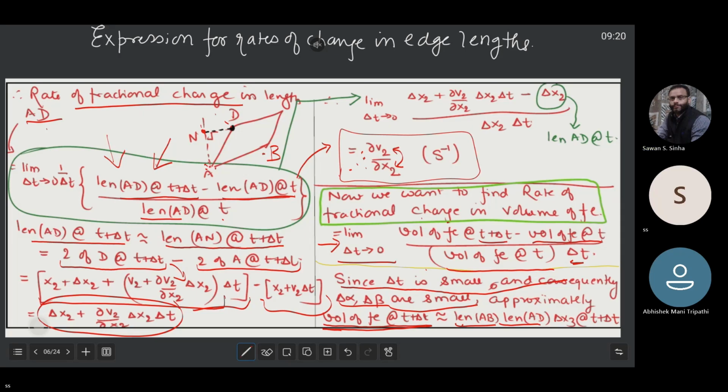Okay. So the length of AB at time t plus delta t is required. I am going to make one more approximation. I am going to approximate the length of AB as the length of AM, what I did on the previous slide.